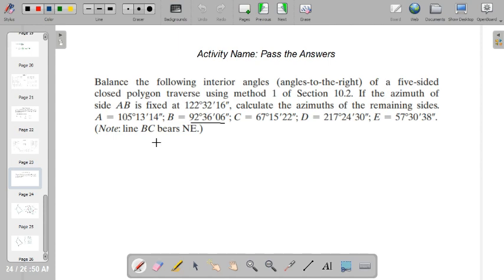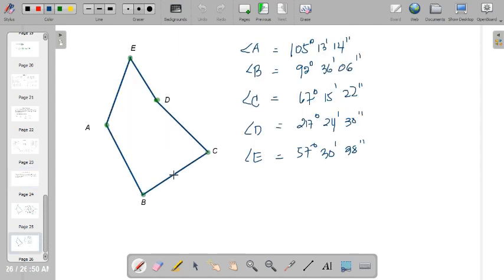Now we are going to add the interior angles, because we wanted to know the sum of the interior angles of this polygon, and then counter check it with the geometric condition. We add all the angles, so 539 degrees, 59 minutes, and 50 seconds.